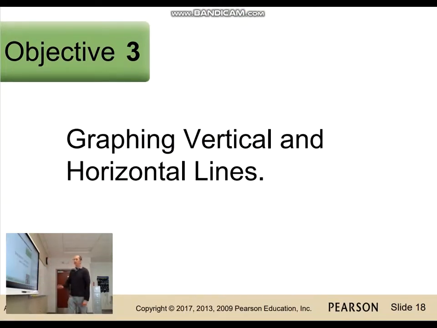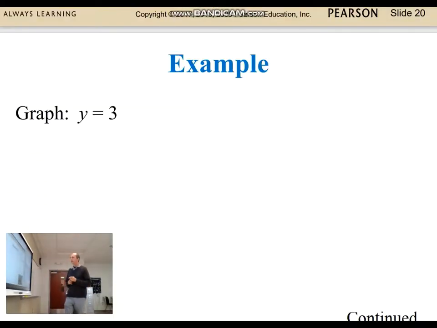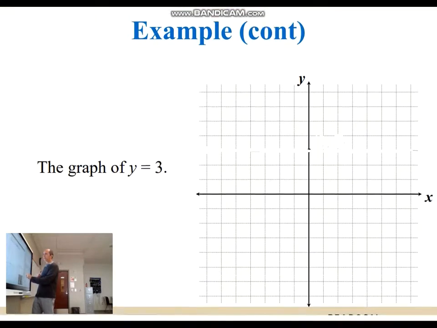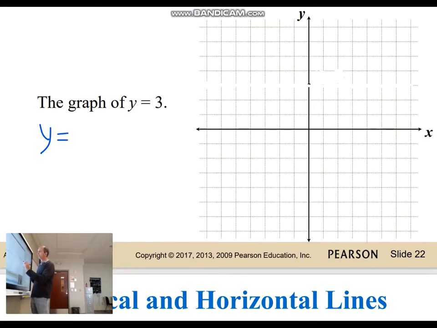Objective number 3, graphing vertical and horizontal lines. Now let's find another situation, how to graph the equation y equals 3. To find the graph of y equals 3, we're going to do the same thing. We're going to think about y equals 0 times x plus 3, right? Because no matter the value of x, if the coefficient of x equals 0, it doesn't matter.